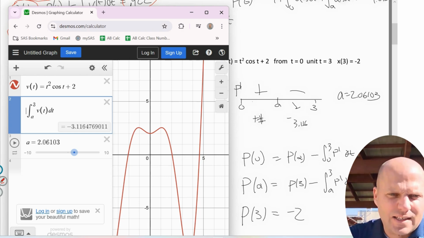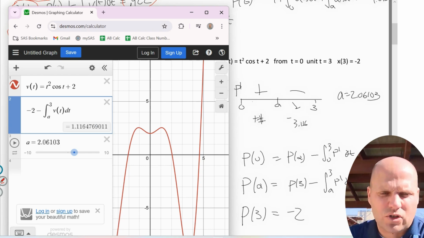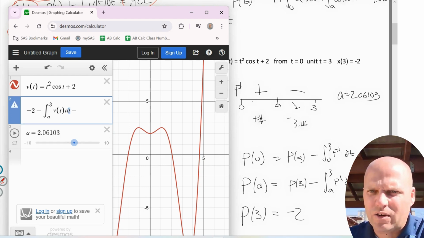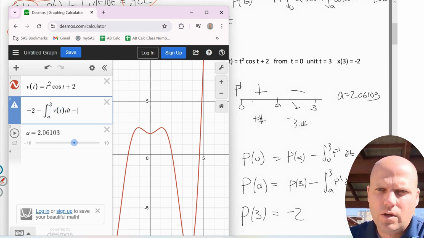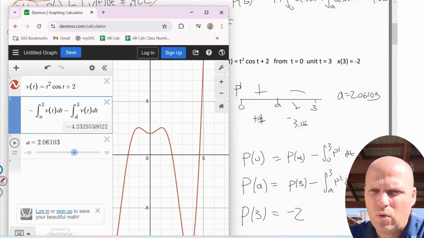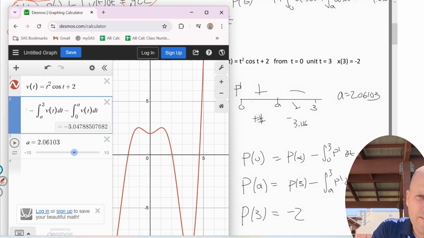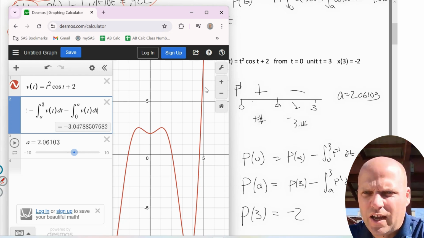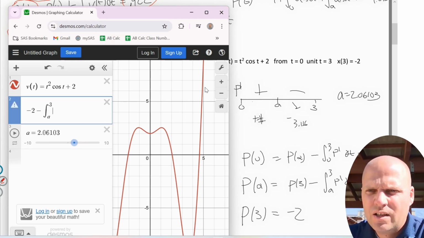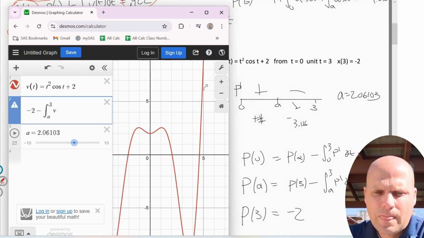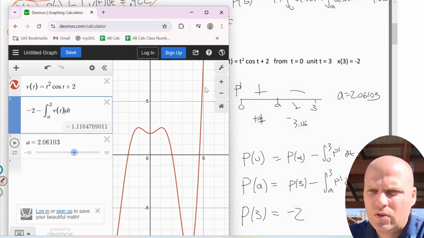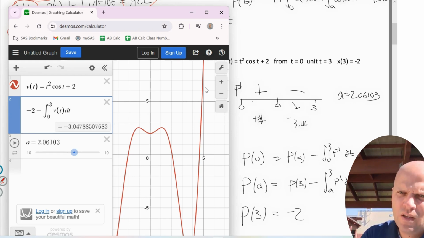And then I take that -2 minus, and I will also subtract my integral from 0 to A. Or you could just say, all right, instead of subtracting A to 3, you just go all the way from 0 to 3. And you get that same value, -3.047.